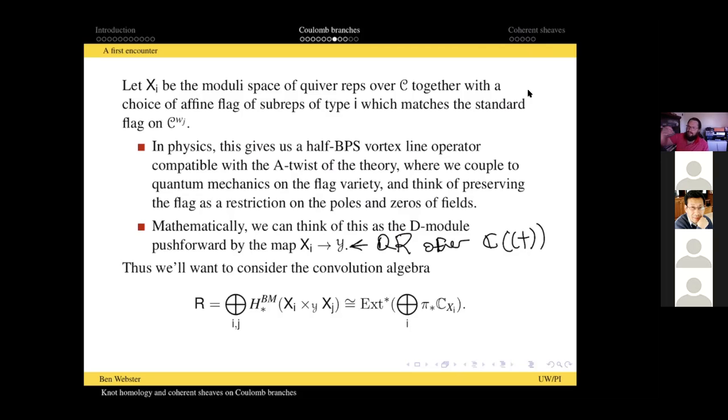So since I now have a bunch of these guys, instead of just considering this one convolution algebra of choose a lattice, I can say, oh, think about choosing a flag of this type and then a flag of some other type. I can take those fiber products and that whole thing picks up an algebra structure, again, using convolution product.